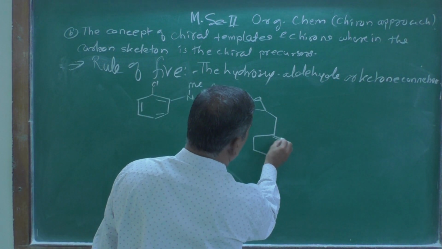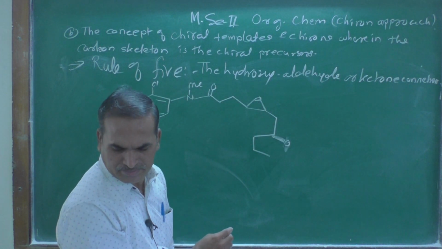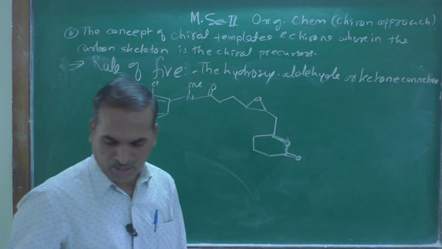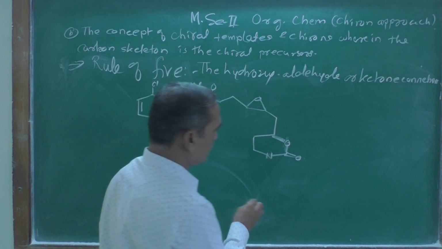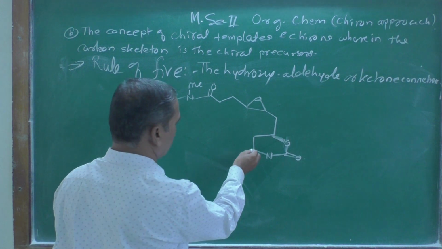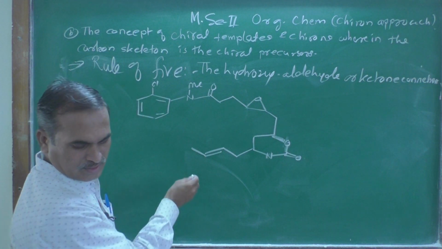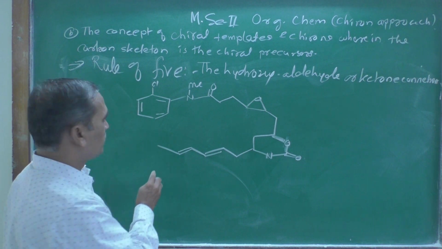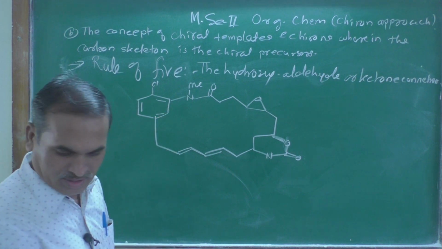Here may be an oxygen atom, and then there is a ring, and here again a nitrogen atom, and next is this double bond, then one more double bond, then this one attached to this one. This is a big structure.